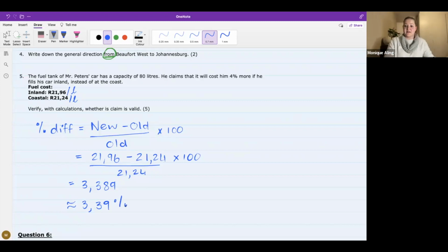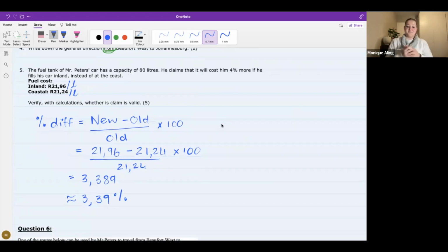Sorry, Marcia. Okay, do we have any questions with this one? Does it ring a bell doing this formula? Okay, so whenever there is a percentage change of some sort that we need to work out, we can use this formula without a doubt.